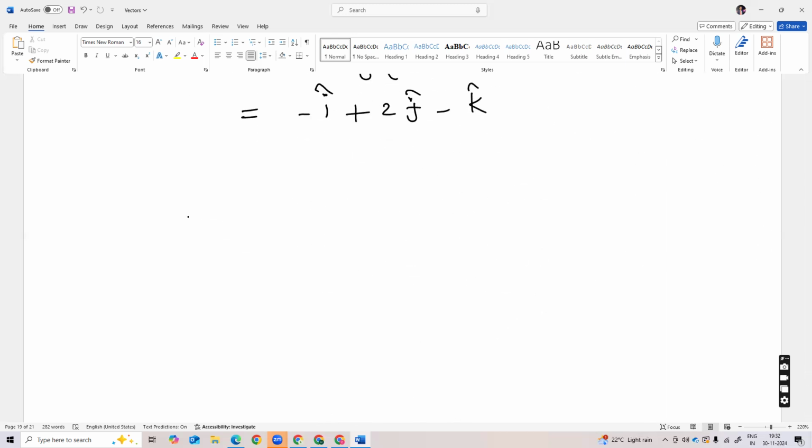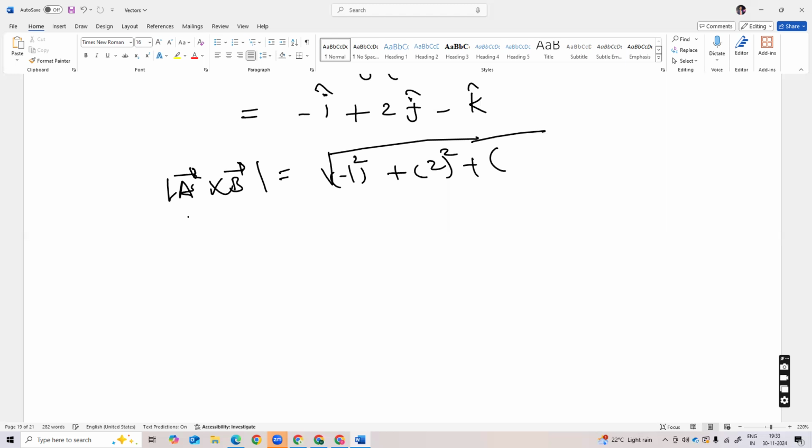So the magnitude of A cross B will be root of 1 square plus 2 square plus minus 1 square. So it is 1 plus 4 plus 1, so it will be root 6.